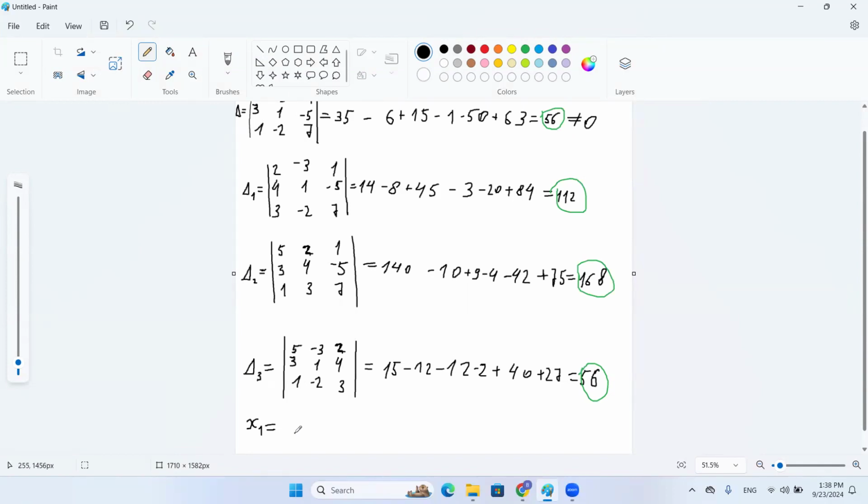So it will be 56 plus 56 plus 112 plus 168. Are you sure? By the way, do you remember the formula how to find the final results of the variables if we have all determinants? Actually, I don't remember. That's the point.